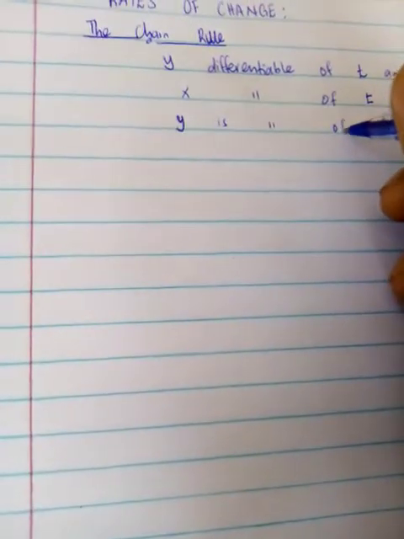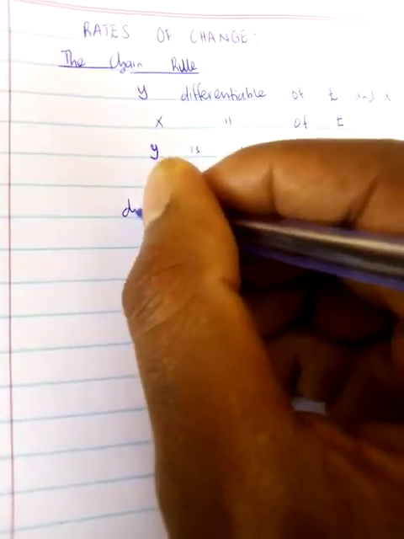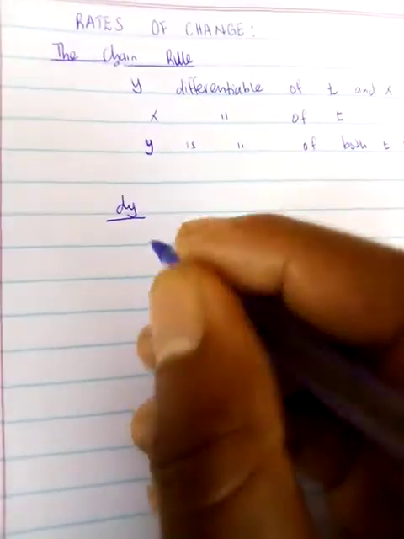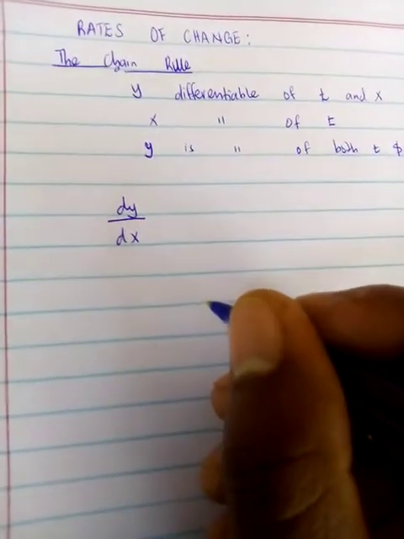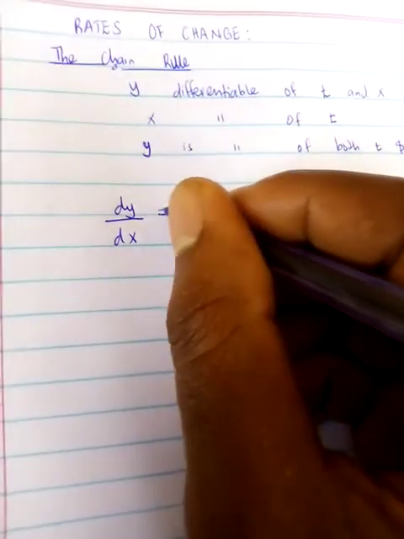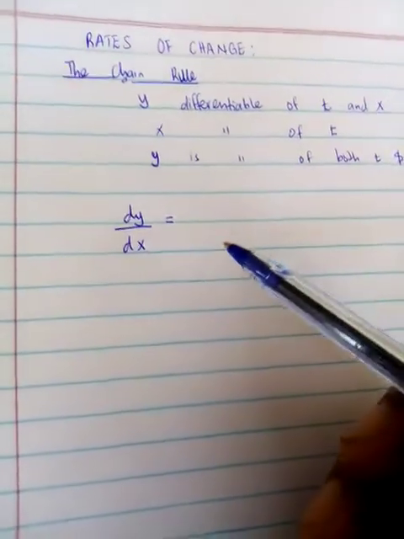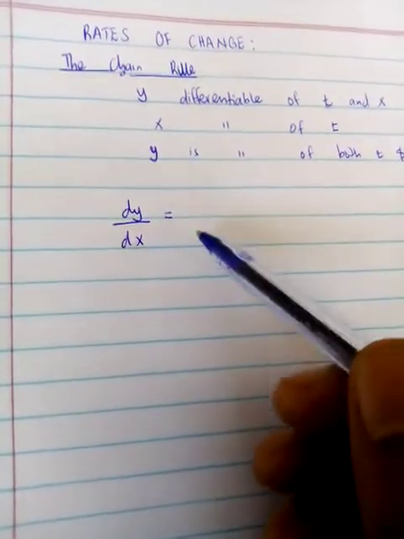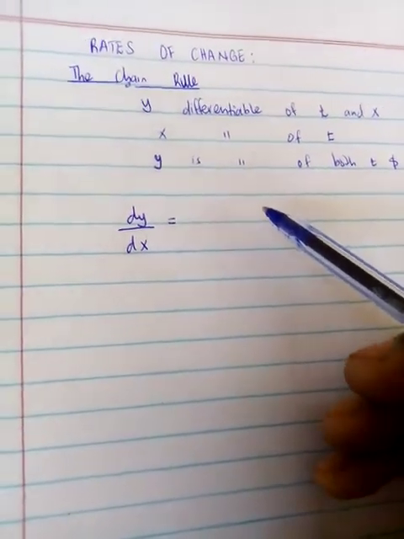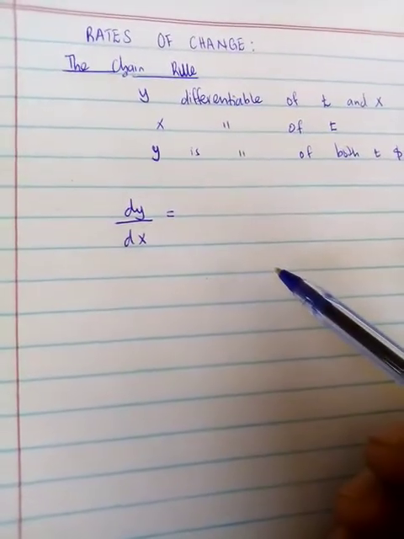In other words, if I'm differentiating y with respect to x, since y is differentiable with respect to t, it can be differentiated with respect to x and then with t, then t is a differentiable function of x here.